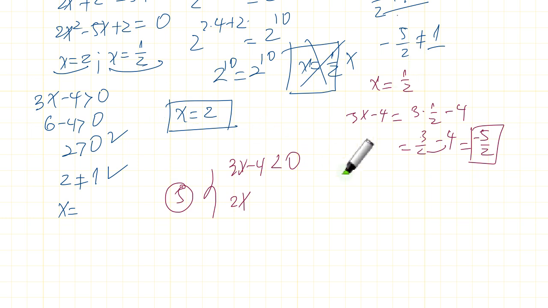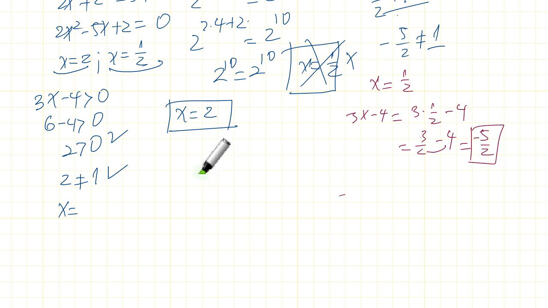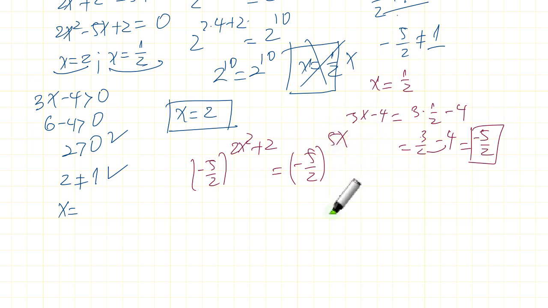So now let me erase this one here. We would have that minus 5 over 2 to the power of 2x plus 2 equals minus 5 over 2 to the power of 5x, right? And if we replace 1 over 2 here, 2x squared plus 2 is going to be 2 times 1 over 2 times 2, which is 1 over 4, and then plus 2, this will go with this, and we're going to have this times this plus this, 5 over 2.